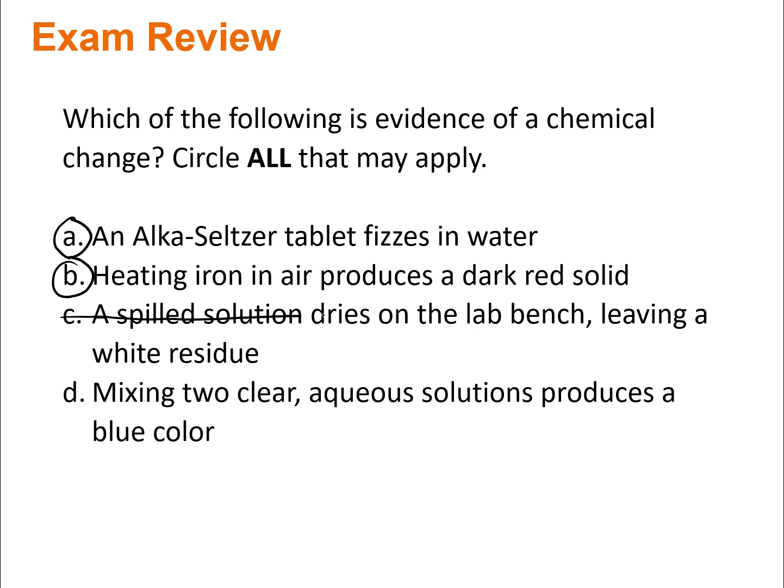That one is not a chemical change. That's just evaporation. So a change of state, that's a physical change. We're going from something dissolved in water to something not dissolved in water.